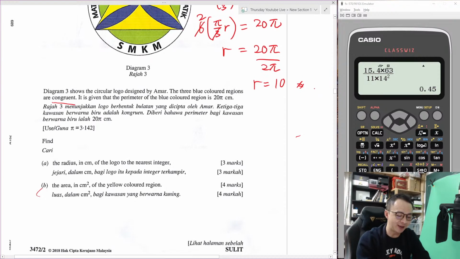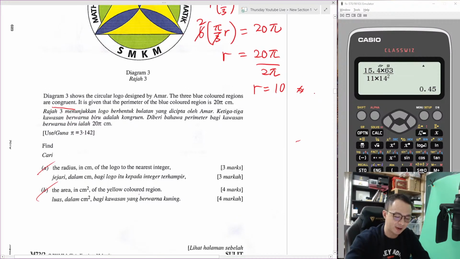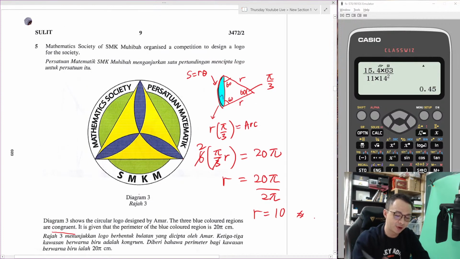Then the second part, they ask us to find the area of the colored region. Just now, we have a way to find the area of a segment. If I want to find this part, the so-called area of segment, which is the blue color one, we have a formula for the area of a segment, isn't it? Area of segment is half r squared, theta minus sine theta.